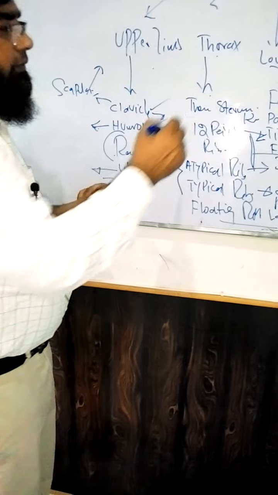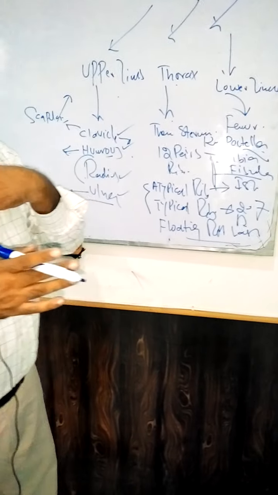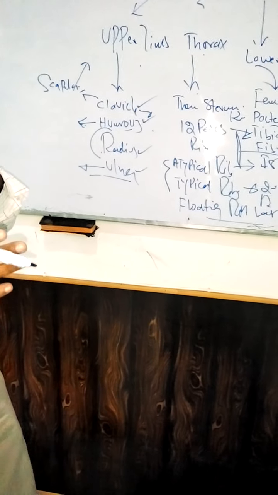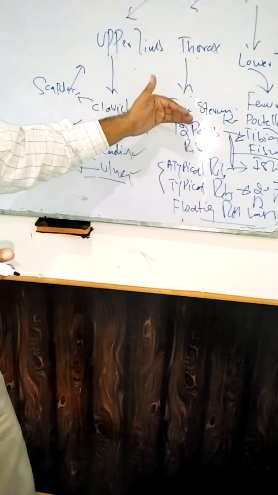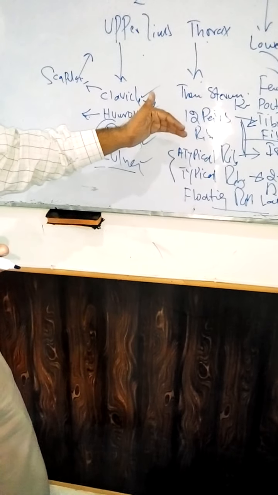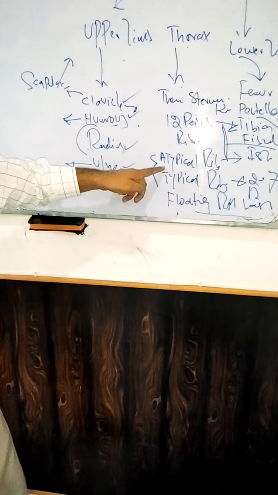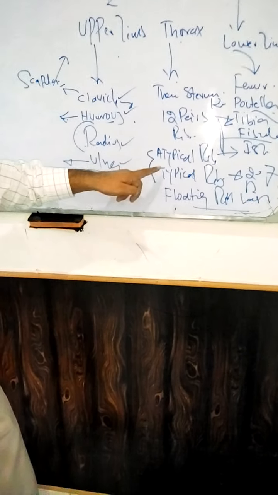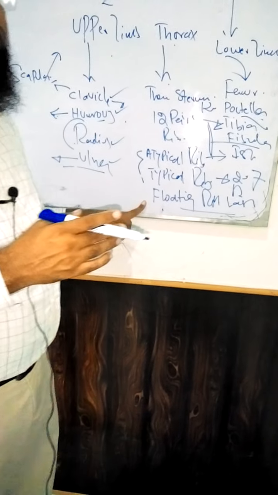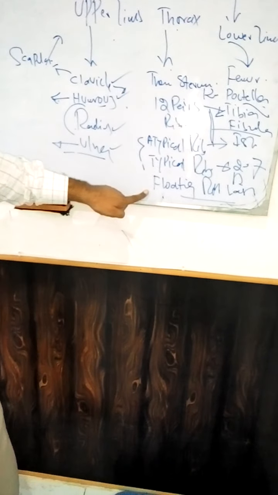On the thorax, there is one main thing, the sternum, the middle point of the chest. You can also call it the breastbone. Then there are 12 pairs of ribs, 12 on each side. We can divide ribs into three categories: typical, atypical, and floating ribs, which are totally free from the body.